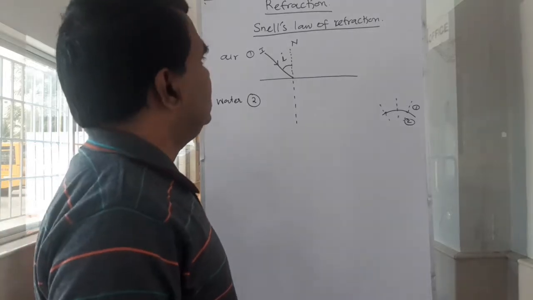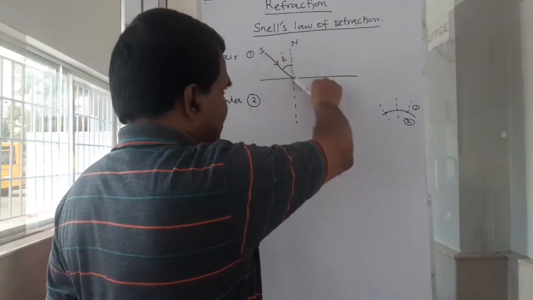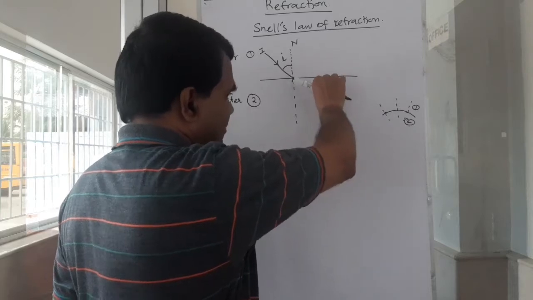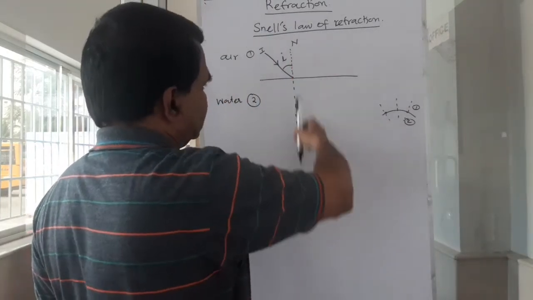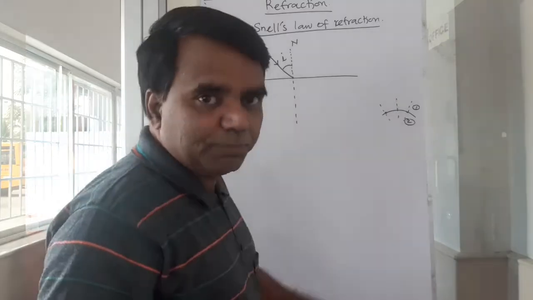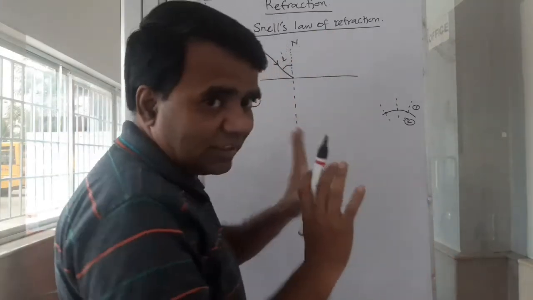Okay. And what happens is the ray just does not travel straight. It tends to bend, either towards the normal or away from the normal, depending on these two mediums. We will talk about that a little later.